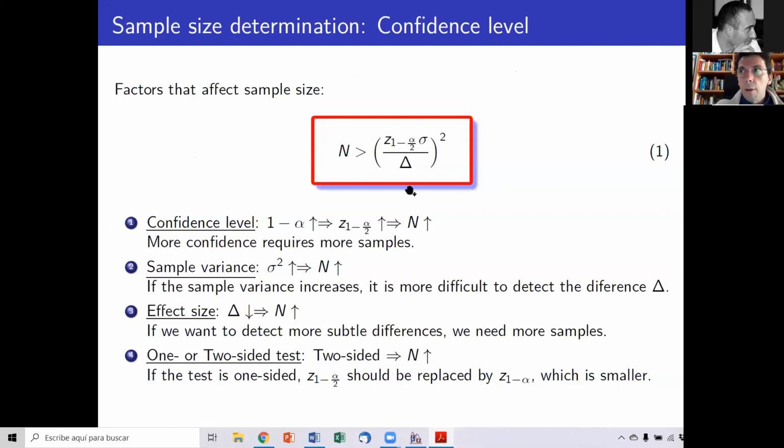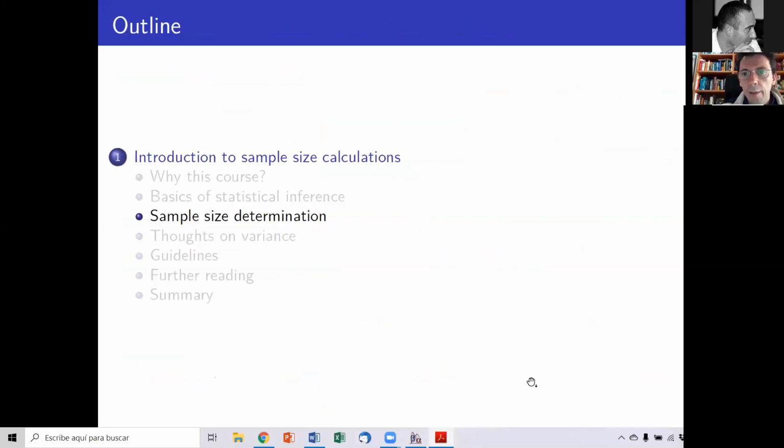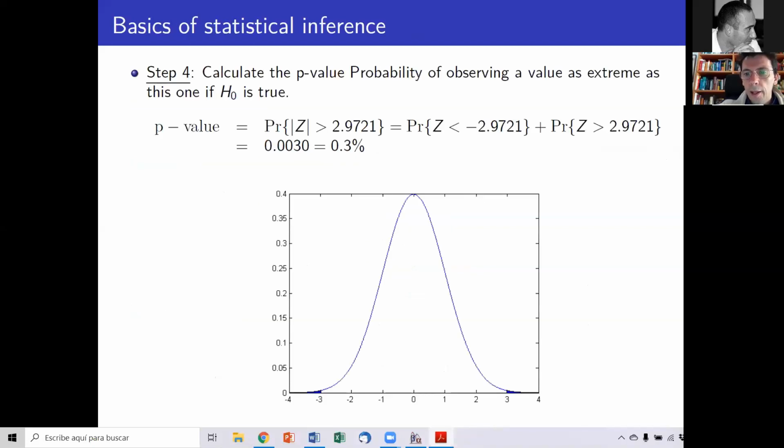If instead of making a two-sided test, you have a one-sided test, a one-tail test, then the set that you need to use is set 1 minus alpha. So 1 minus alpha will be a little bit to the left, this one. So 1.96 is such that this area on the right is 2.5%.